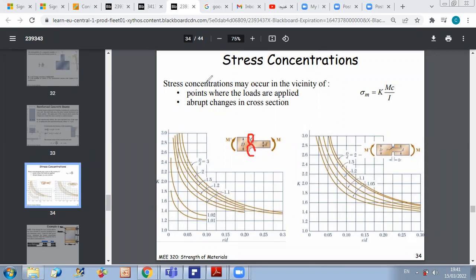So stress concentrations will occur in the vicinity of points where the loads are applied, and in case we have sudden changes in cross section. Whenever you have a sudden change, this will lead to non-uniform stresses, and stresses will be concentrated in certain parts, which are the critical parts.